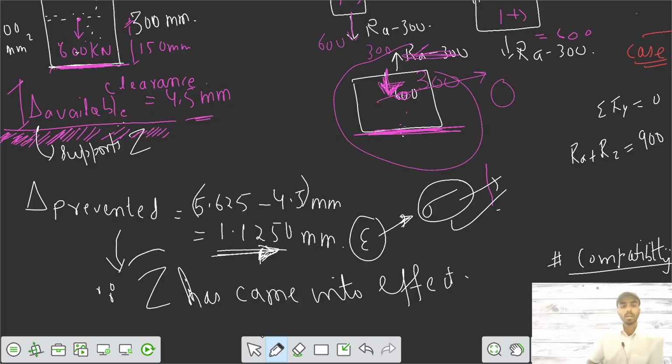So the reaction at Z is restraining how much deformation. The Z support is not allowing this part of deformation to happen. So if you write the compatibility condition in terms of Z, we can get the value of reaction Z, and accordingly reaction A can be solved in case 2.